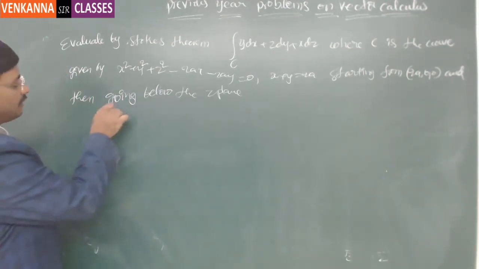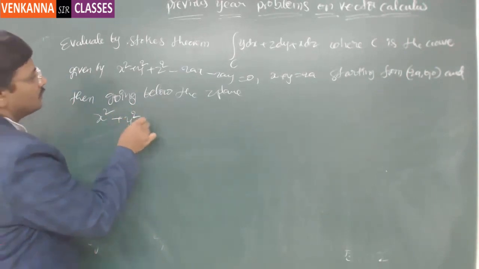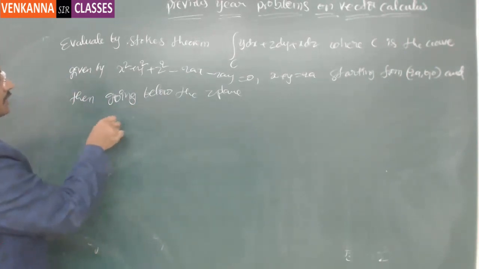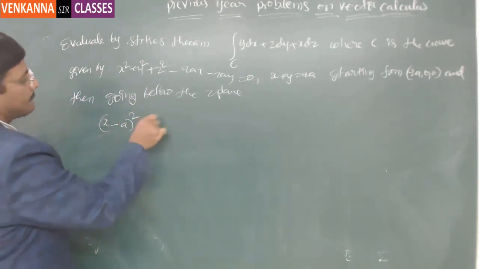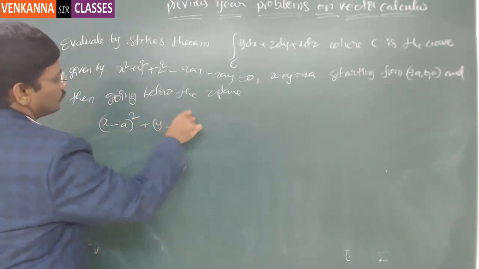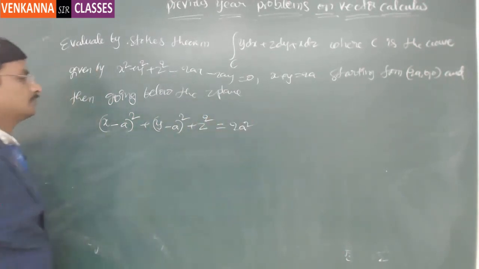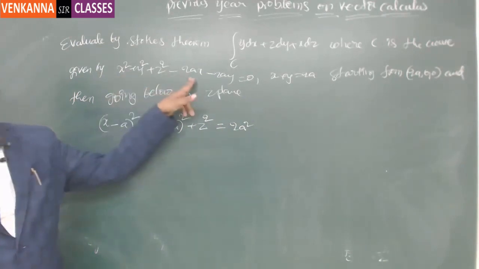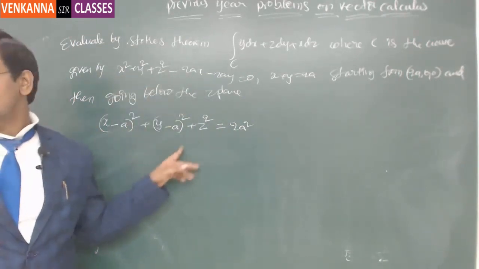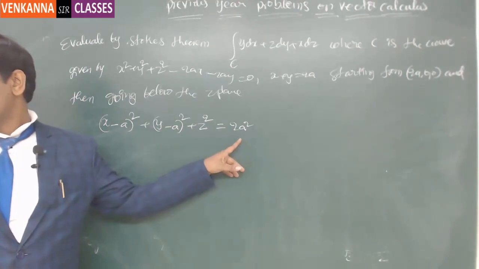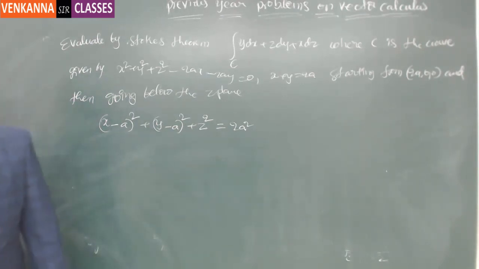This equation can be further simplified as x minus a whole square plus y minus a whole square plus z square is equal to 2a square. Can I do this?